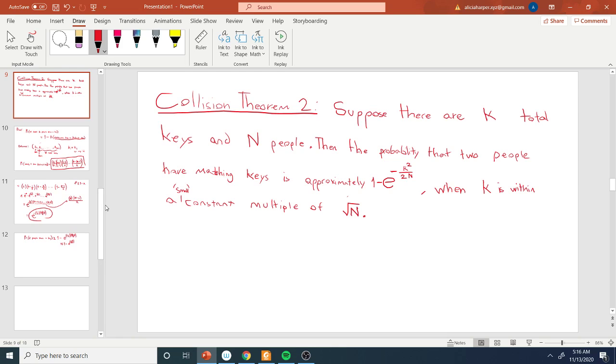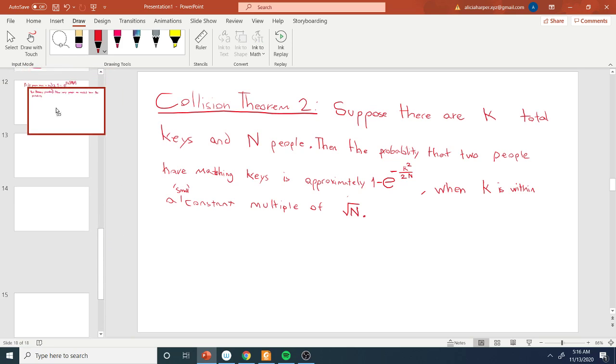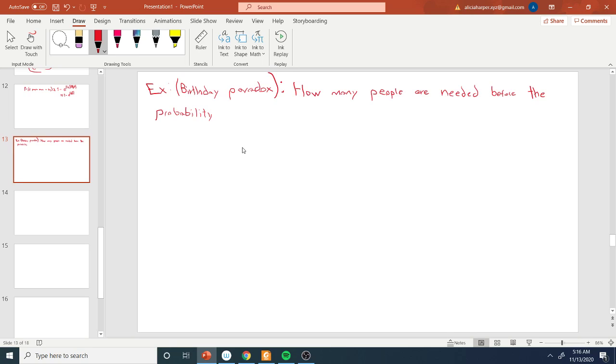So, let's do a specific example of this collision theorem. Namely, let's do the birthday paradox. How many people are needed before the probability that 2 people share a birthday is greater than or equal to 80%?